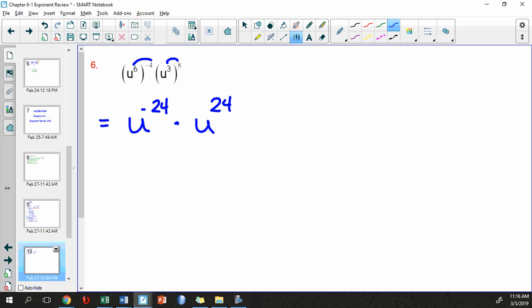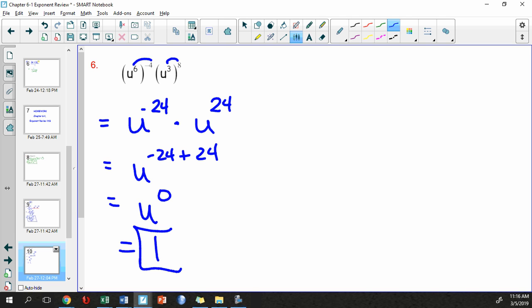Now, what do you do with those two exponents? You add them. So what's -24 plus +24? It's u to the 0, and what's anything to the 0 power? Always and forever 1.